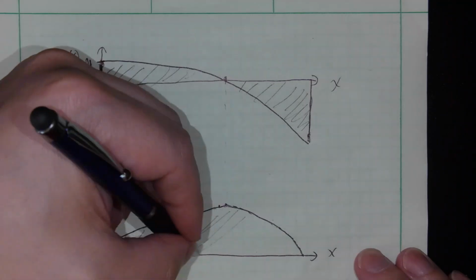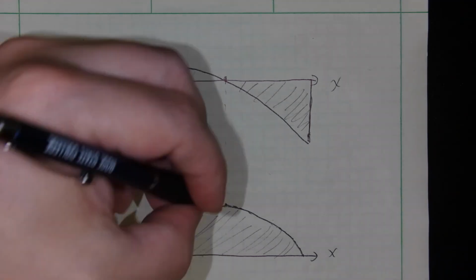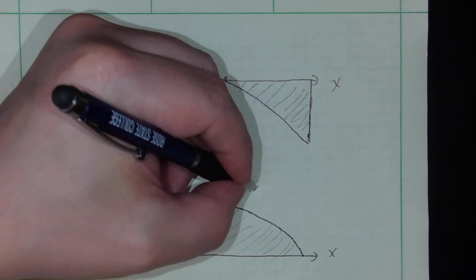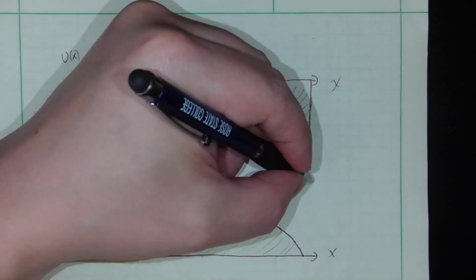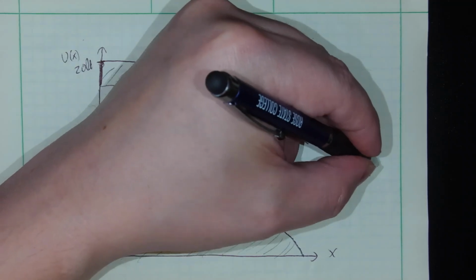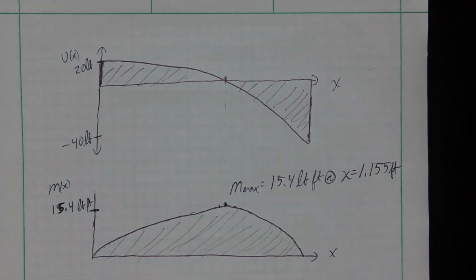Again, if you want a more accurate shape, plot some points. But I am perfectly fine. Go ahead and label your max moment: 15.4 pound-feet at x equal to 1.155 feet. And that is sufficient.